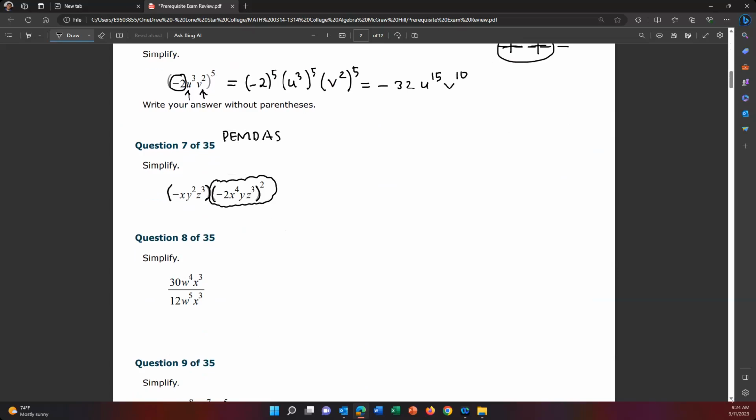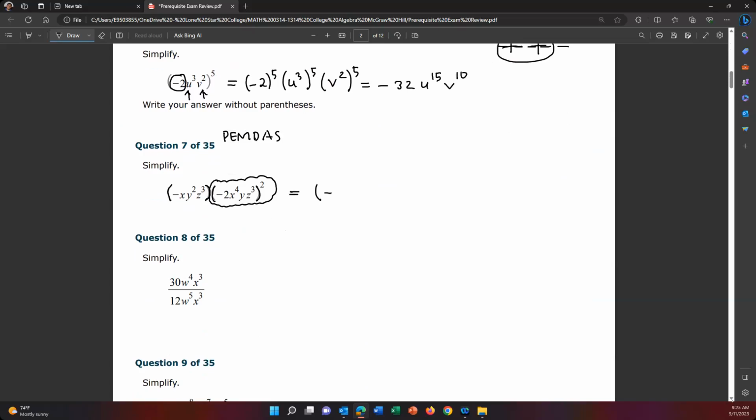But in this case, there is no other operation going on here nor here. And then we have an exponent. So before we take care of this multiplication, that's what the M stands for, we must apply the exponent 2 on this 2nd parentheses. So let's see what that looks like.